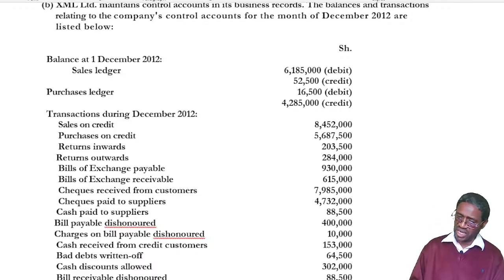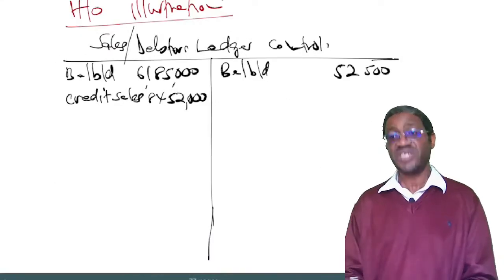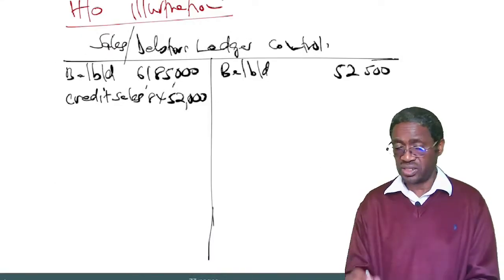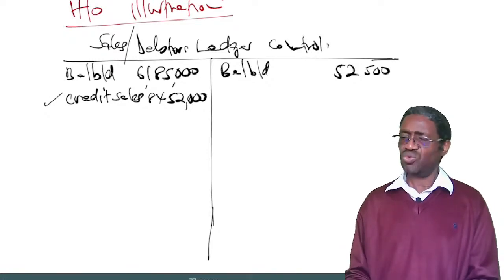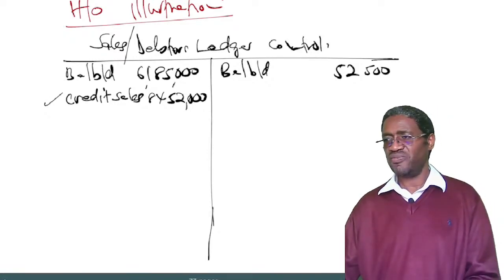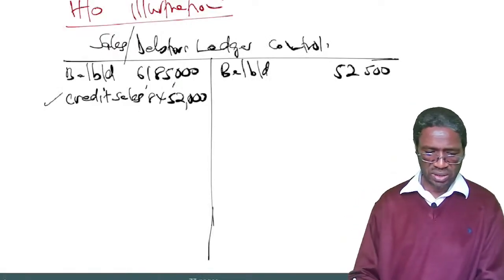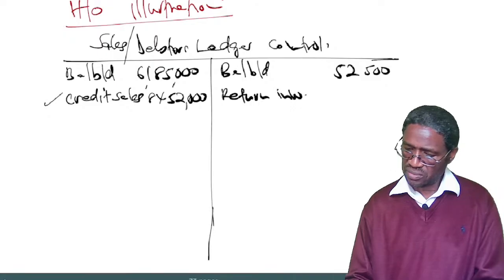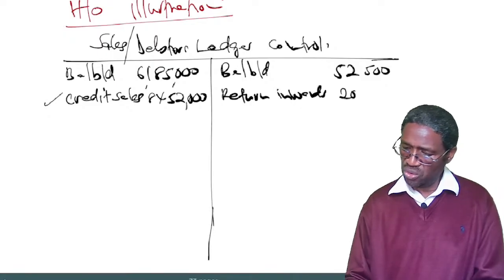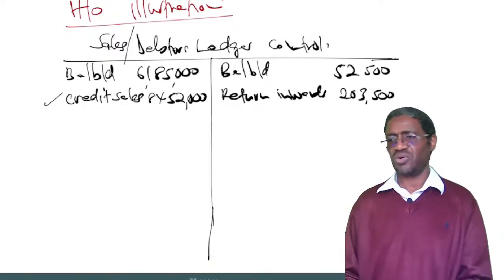We go to the debtors account. When we sold goods to debtors, we debited. Now that they are returning, you go and credit. So we are given return inwards of how much? 203,500. Do it. This is return inwards. 203,500. Good.